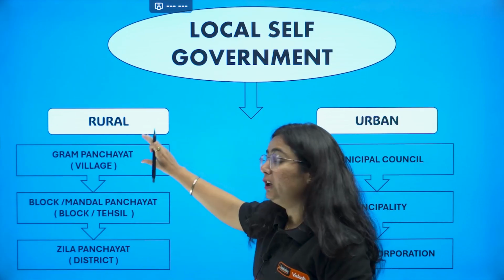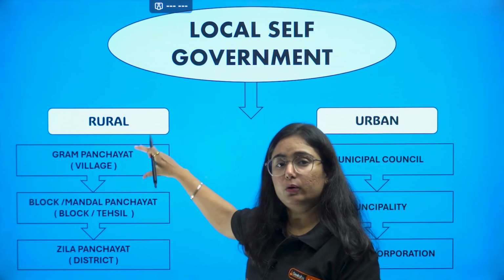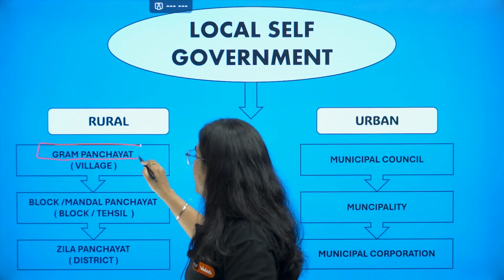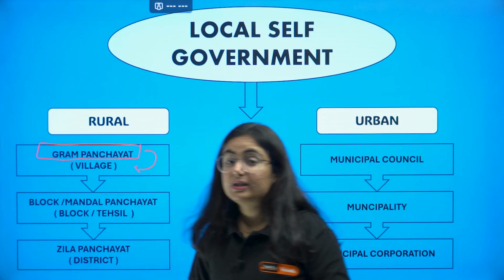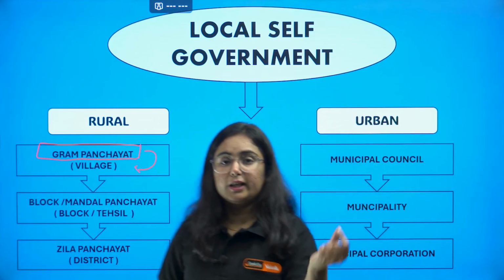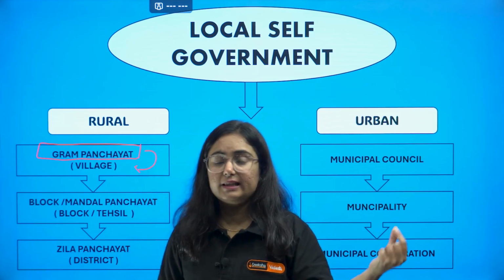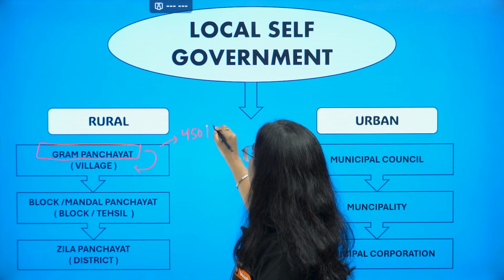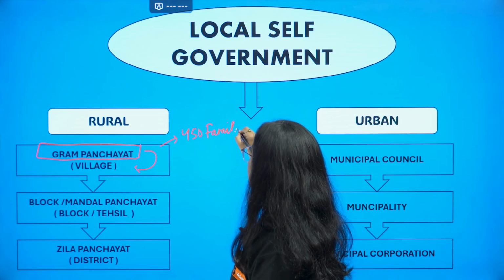However, it is also divided further in proportion to its population. At the lowest level in rural government, we have the Gram Panchayat, at the village level. Now consider you are living in a village that has around 450 families. I am talking about families, not members.